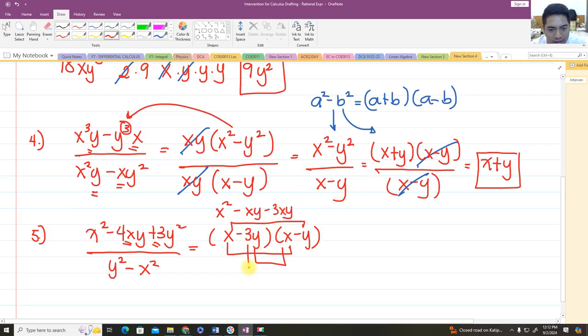You have last, negative 3y times negative y would be 3y squared. So if you simplify this, it would be x squared, negative xy minus 3xy would be negative 4xy, plus 3y squared. So hence, this is the factor we are looking for the numerator. So let me just erase it.